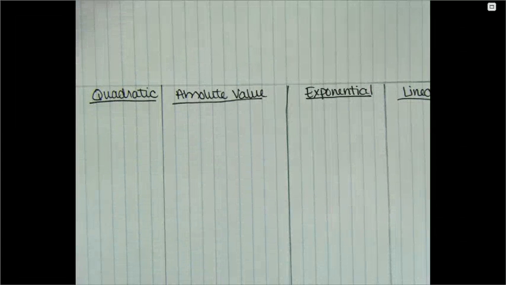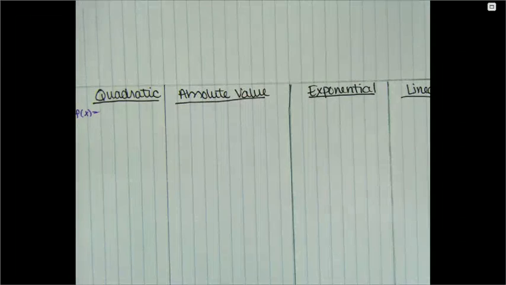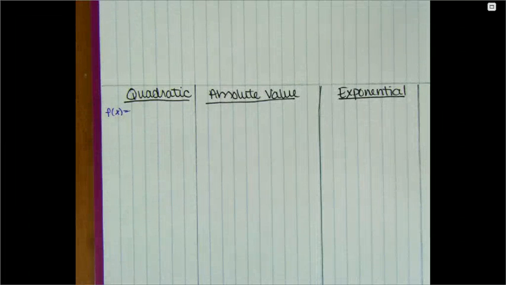All right, let's write the functions for a quadratic. I'm going to start you off with f of x equals. What is one of the quadratic functions we have? How many types of quadratic functions do you have? 1, 2, 3, 4, 5, how many? You don't know? How many types of quadratic functions do you have? 4?